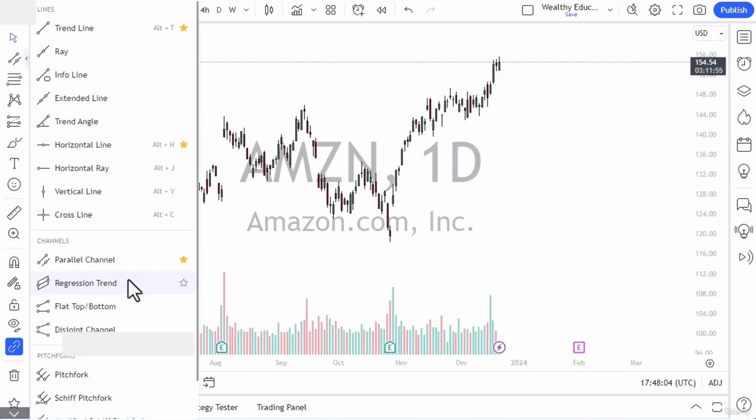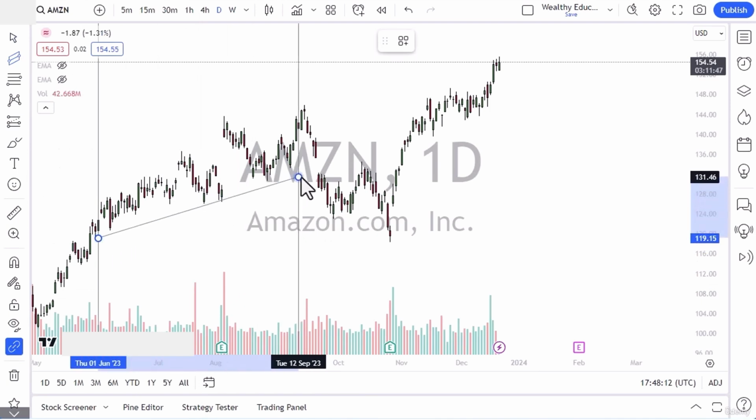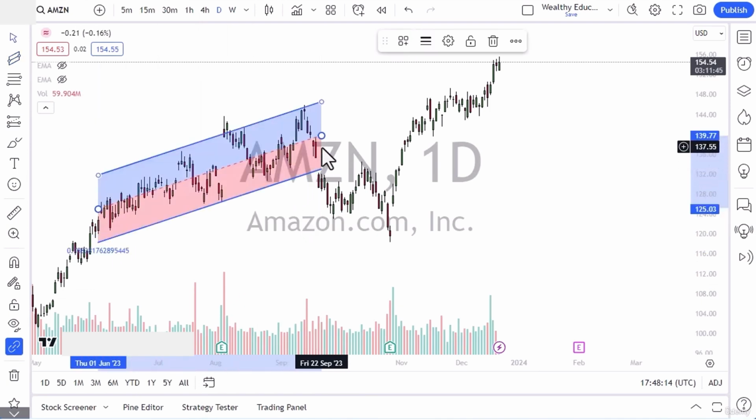Let's go ahead and take a look at a regression channel or a regression trend. So you would click this out. Basically what this does is this tells you, if this is your fair value point, and you will see this quite often, where the markets tend to just kind of hang out between going up and down.